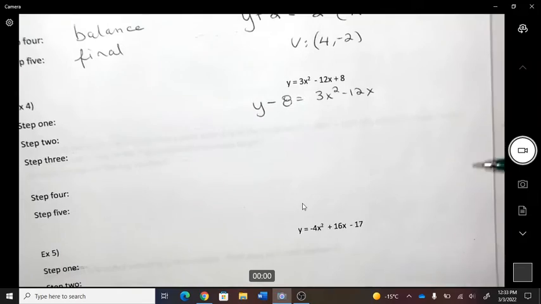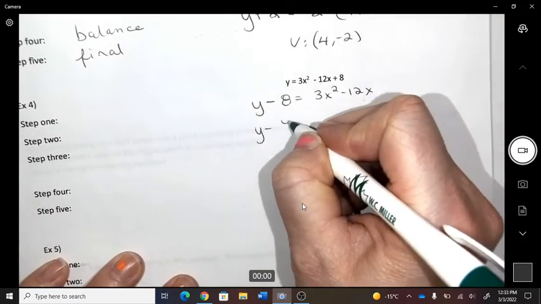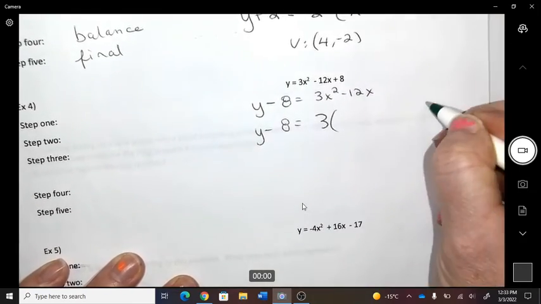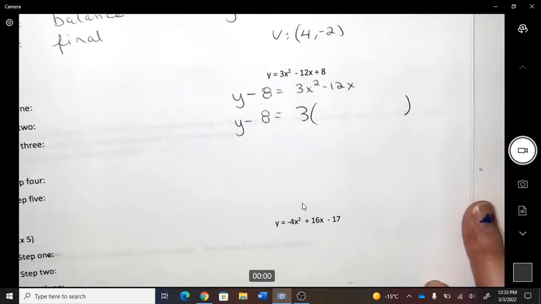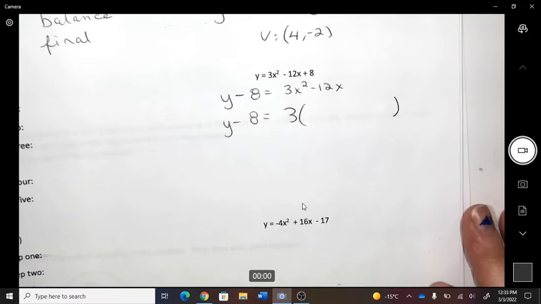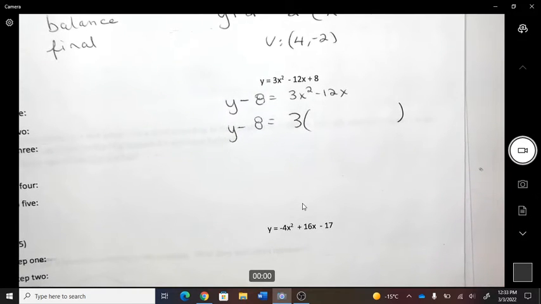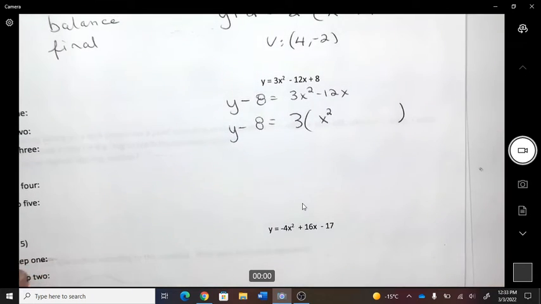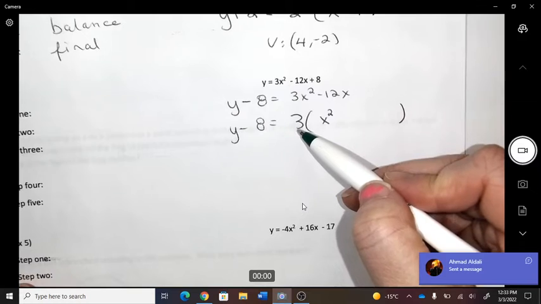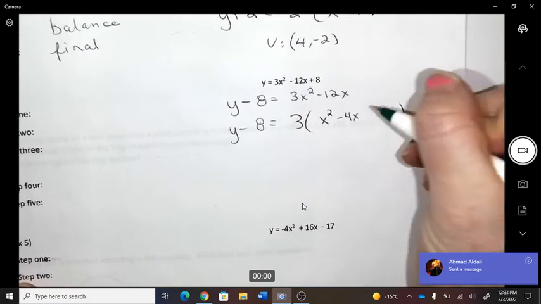Don't do that. We can't do anything until we have a simple trinomial. So if I take the 3 out, I get an x squared, and taking the 3 out, I get a minus 4x.